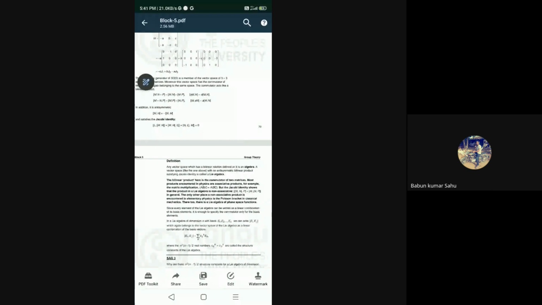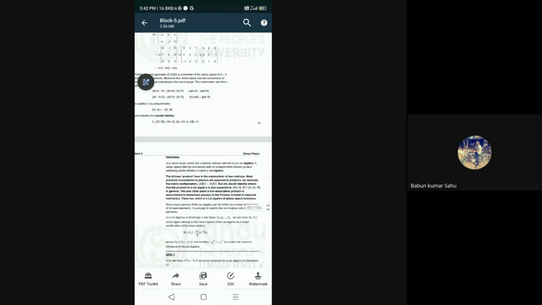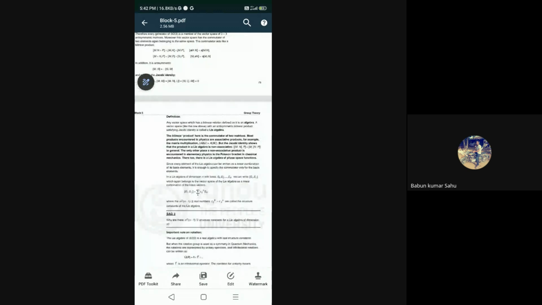Any vector space which has a bilinear product defined on it is an algebra. A vector space like the one I have discussed now, with an antisymmetric bilinear product satisfying the Jacobi identity, is called a Lie algebra. So the bilinear product here is the commutator of two matrices.